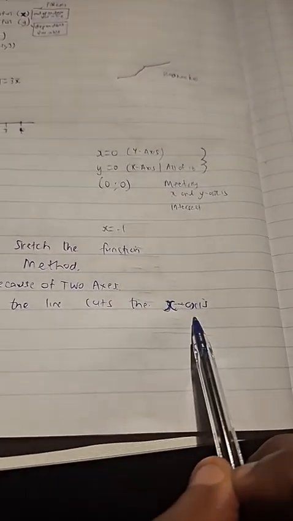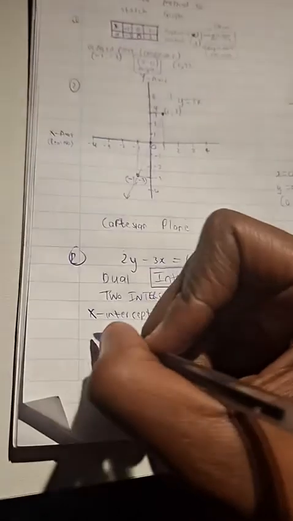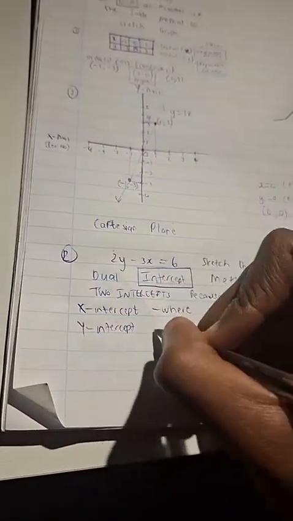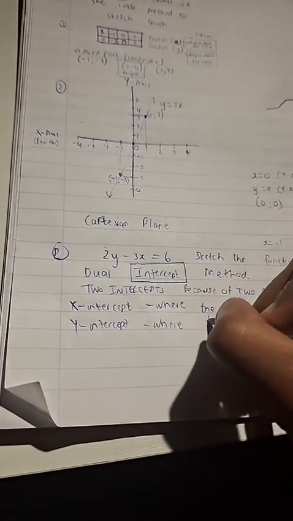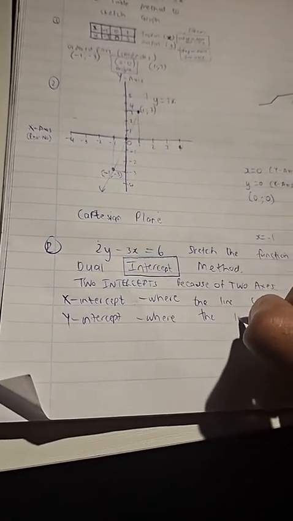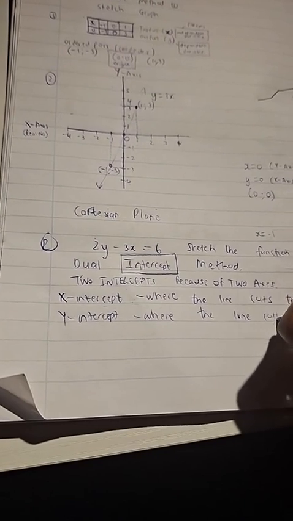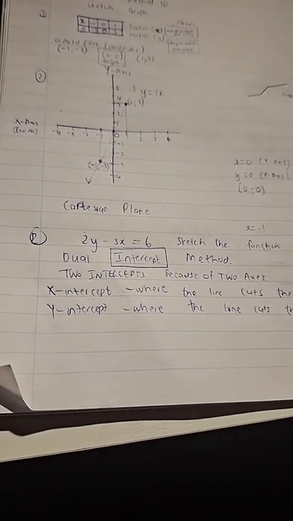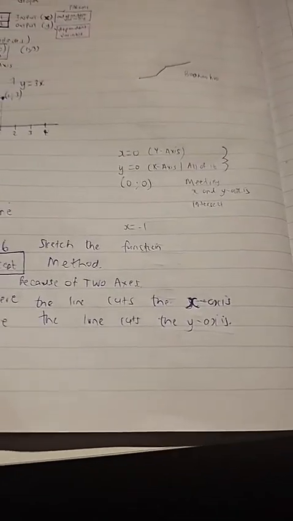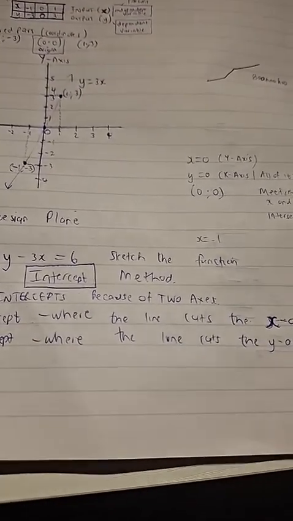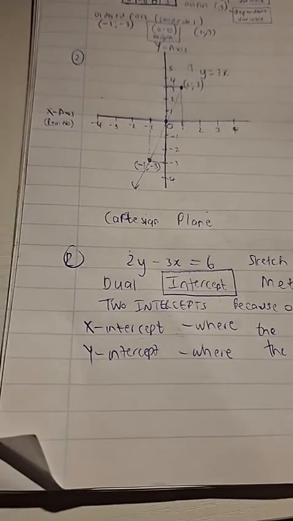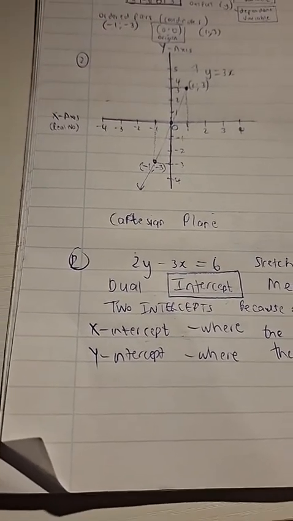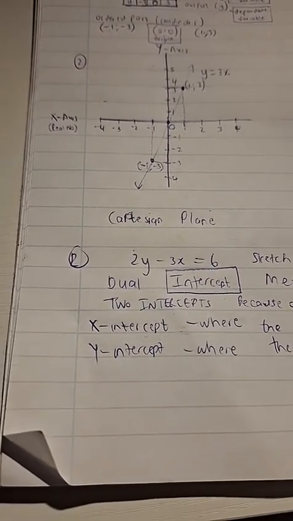Then the y-intercept, obviously we've spoken about this one, where the line cuts the y-axis.